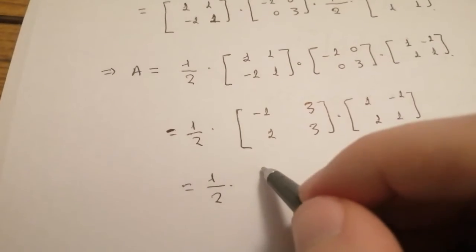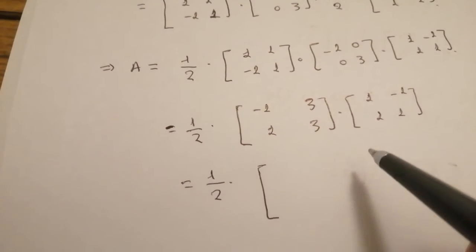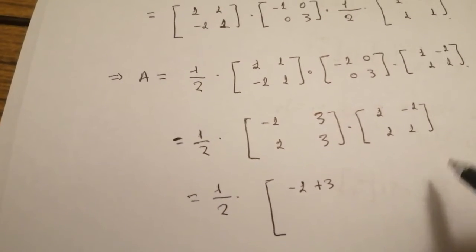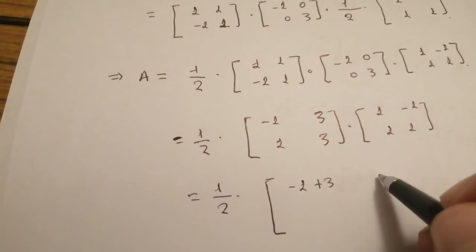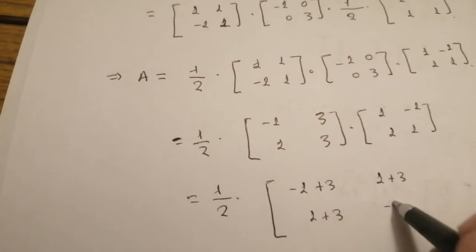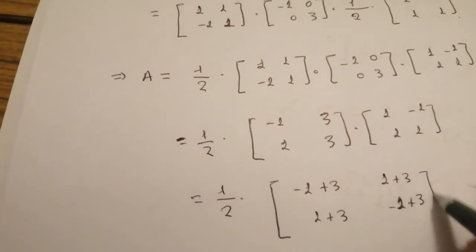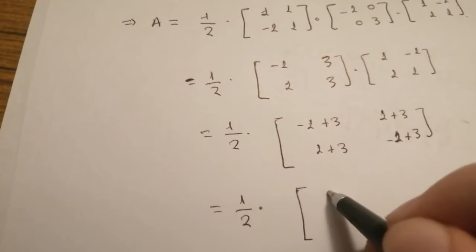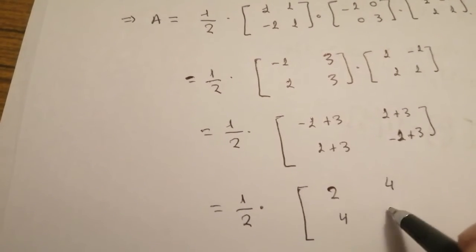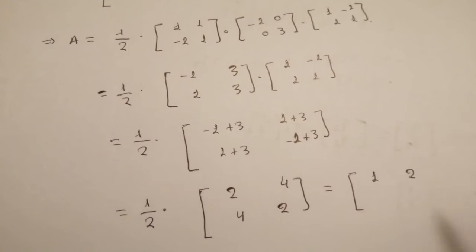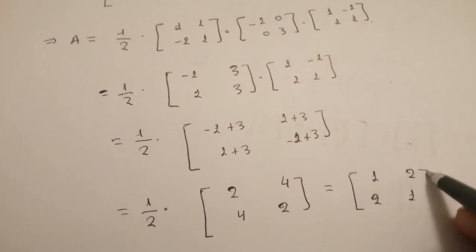So it's 1 over 2 times, let's do the calculations, minus 1 plus 3, then we have 1 plus 3, 1 plus 3, and minus 1 plus 3. So it's 1 over 2 times [2, 4; 4, 2]. So this is 1, 2, 2, 1.